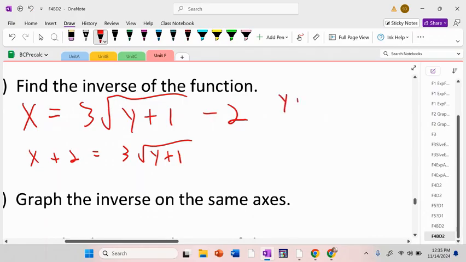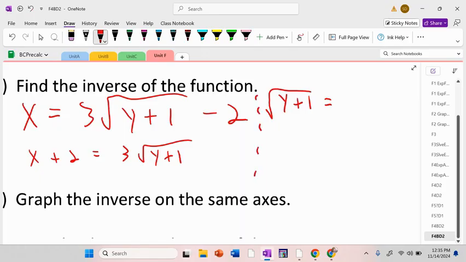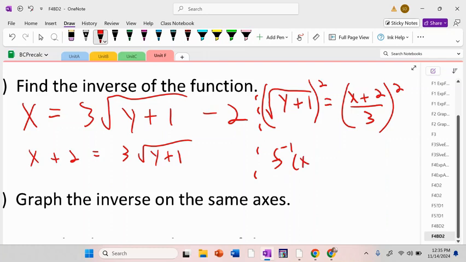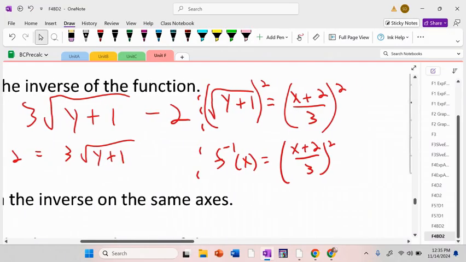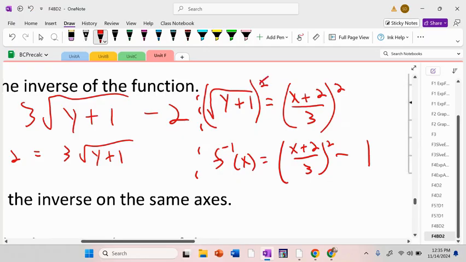So it's the square root of y plus 1, and then this is x plus 2, divided by 3, and then square both sides. And quite honestly, you could leave this as (x plus 2 over 3) squared, and then minus 1. Because I freed this, so these canceled, and then I subtracted 1. Right? And they allow it.